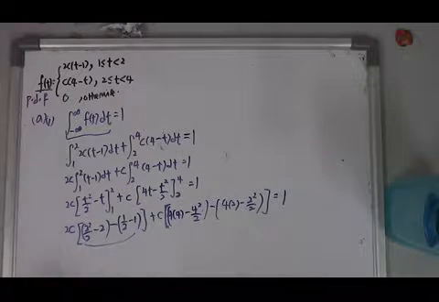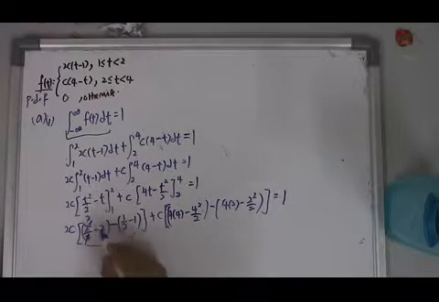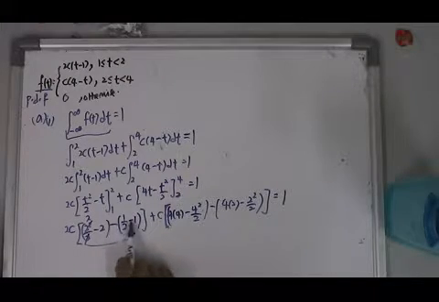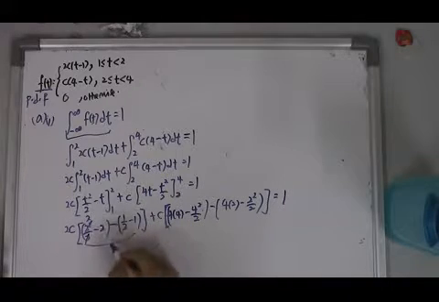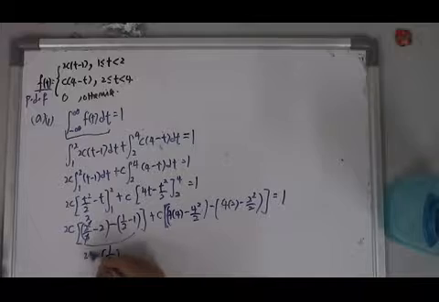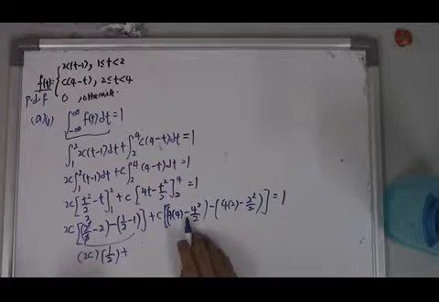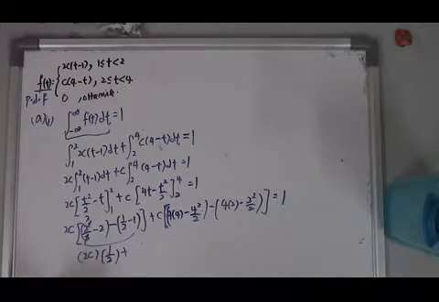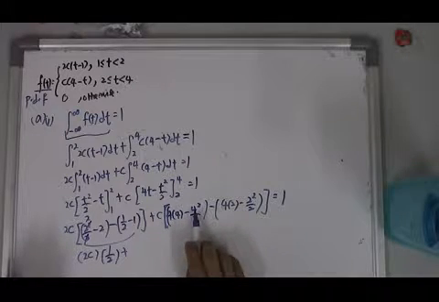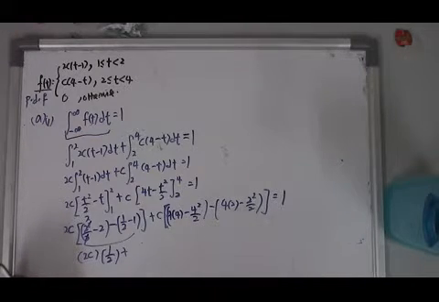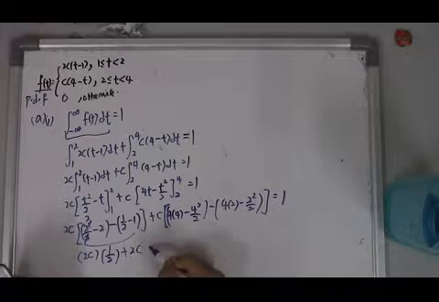So let's evaluate this. 2 minus 2 becomes 0, so we have negative 1 over 2 plus 1, which gives 1 over 2, times 2c. Then 4 times 4 is 16, 16 minus 8, minus 8 again, plus 2, which gives 2 times c.